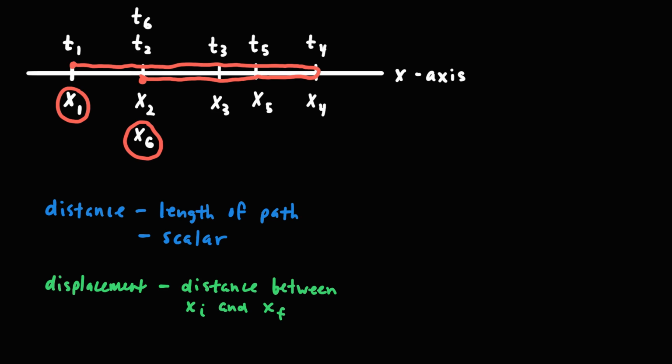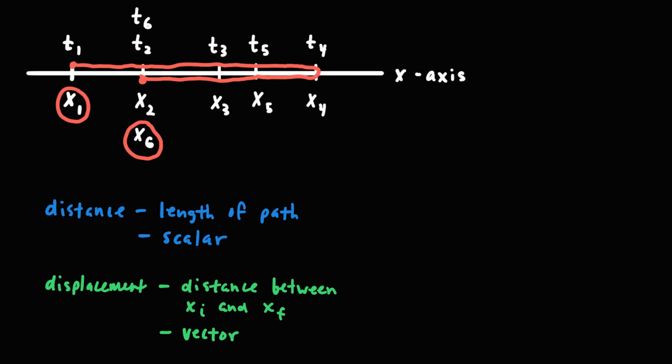It not only tells us the distance between xi and xf, but it also tells us about the direction, the direction from its starting position to the final position. For that reason, displacement is a vector. So displacement tells us not only the distance, but also the direction.